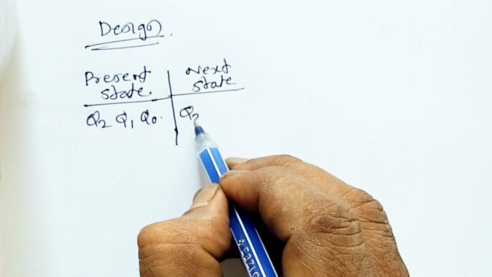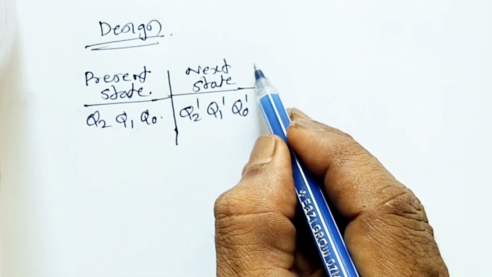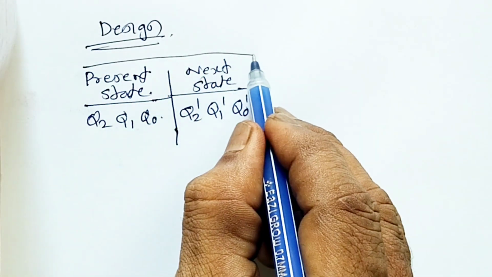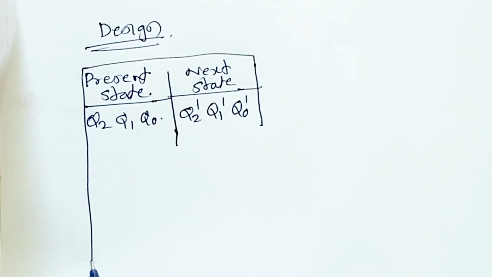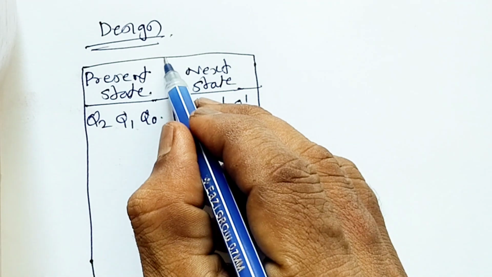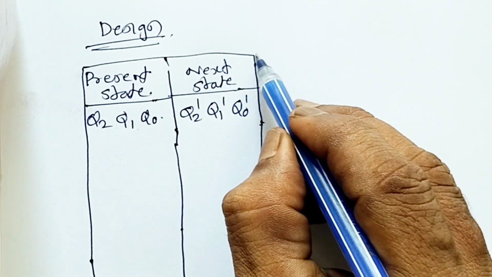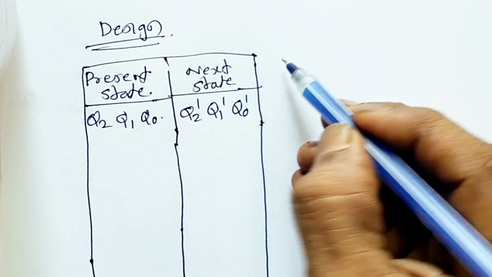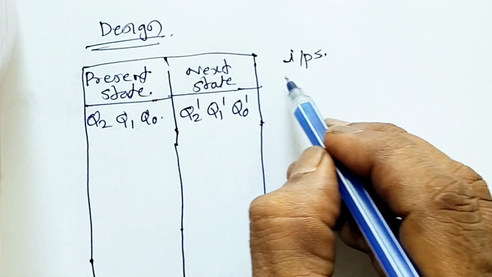And next I am writing the combination of inputs required, and we need to have the excitation table for JK flip-flops also. And here it's a truth table actually indicating all the combinations, that is present state combination, next state combination, and how to derive inputs.